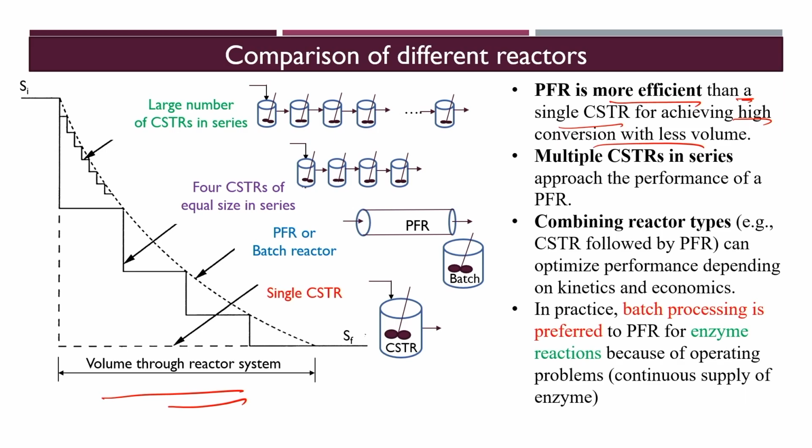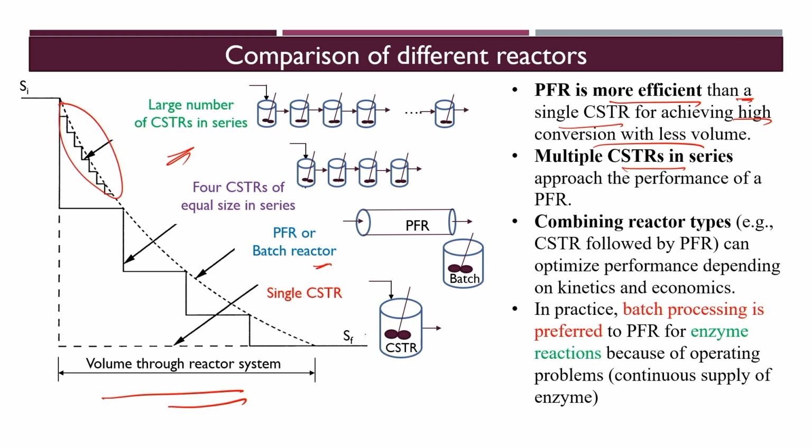So, when volume is less, the PFR is giving much higher efficiency at the low volume, but as we are increasing the volume, if you just see, then multiple CSTR in series approaches the performance of plug flow bioreactor. This dotted line, almost it is reaching the dotted line when you are having multiple CSTR.